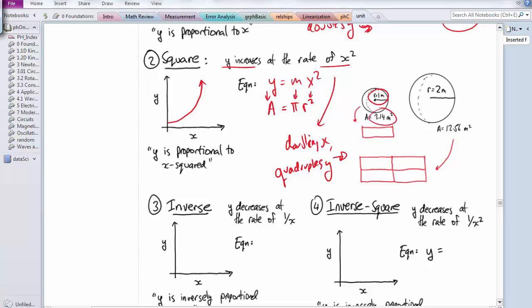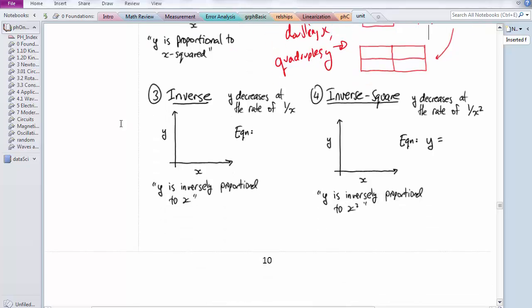If we were to double the radius, all of a sudden the area would be quadrupled, right? It's this times 4. So that's a square relationship. Doubling x has the effect of quadrupling y. It's confusing at first, but hopefully that will sink in after a little bit.